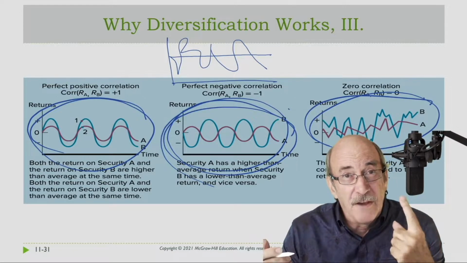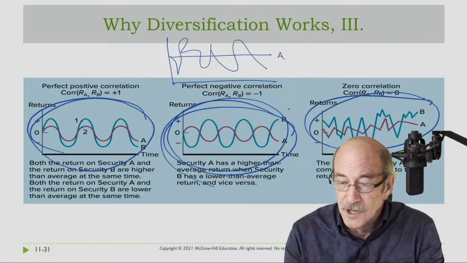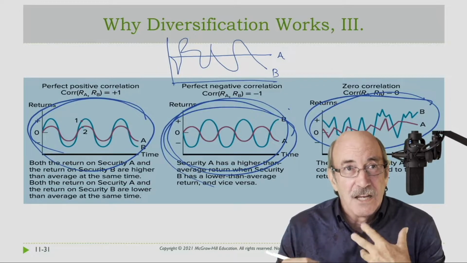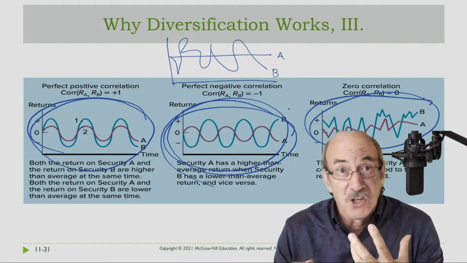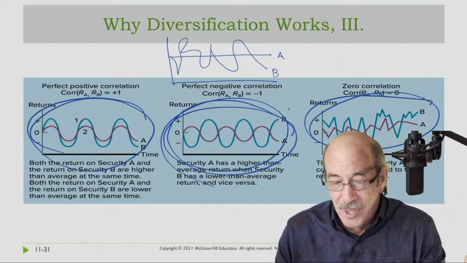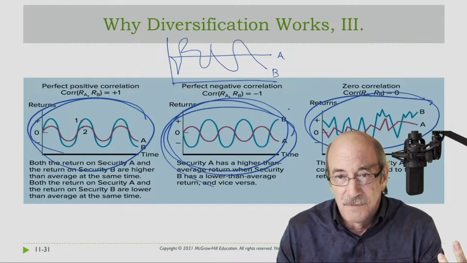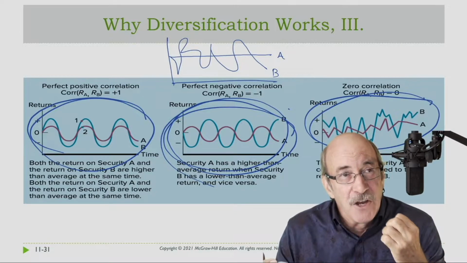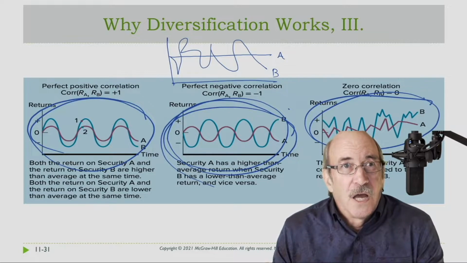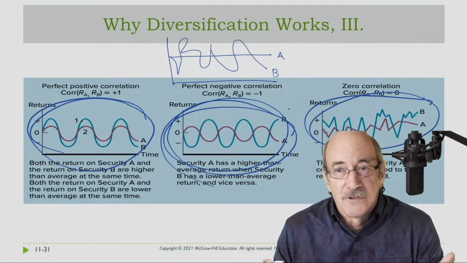If I know the level of the first thing, let's call this A and let's call this B. If I know the level of A, can I use that to predict which direction B is going? No, of course not, because A isn't moving. So that's also a zero correlation. In other words, if I know which direction one series is going, I have no clue how to predict which direction the other series is going.